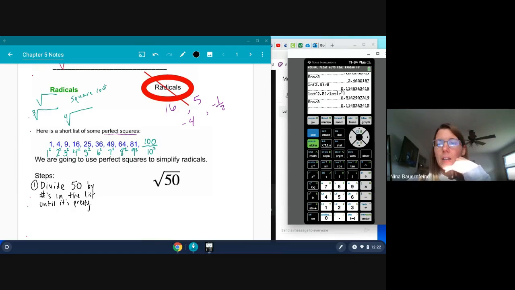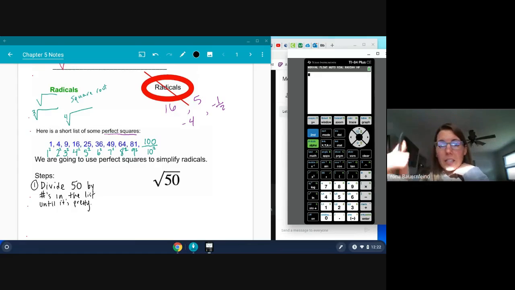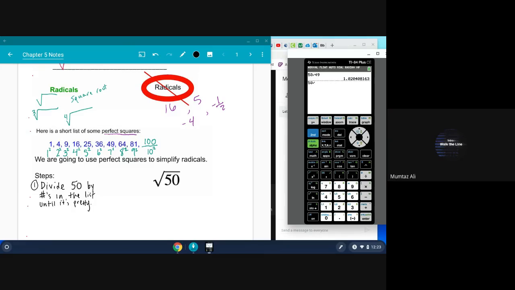We'll start with 49. So what the first step says is divide 50 by the numbers in the list until it's pretty. Okay, so what that means, 50 divided by 49, that is not pretty. It's got a decimal. What I'm saying is we want integers, which are just pretty numbers. So 49 doesn't work. The next number in the list is what? If we go down. What's after 49? 36.